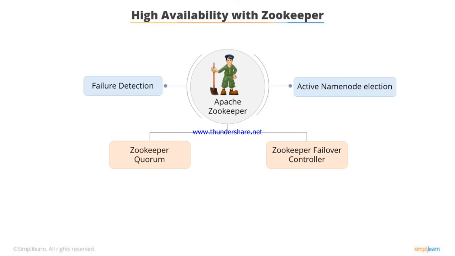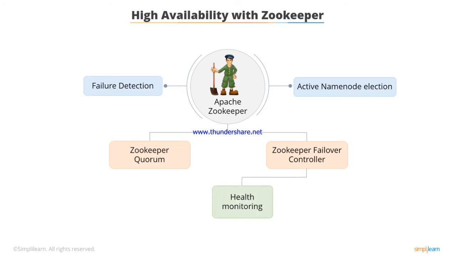The ZK Failover Controller, or ZKFC, is a component which is a Zookeeper client that monitors and manages the state of the name node. In the deployment, a machine that runs the name node also runs ZKFC. ZKFC helps in health monitoring.